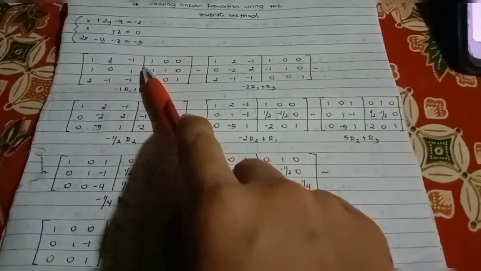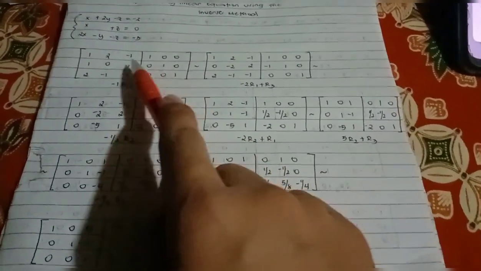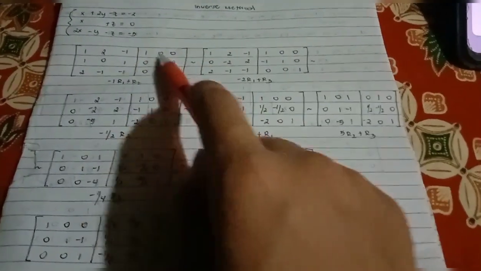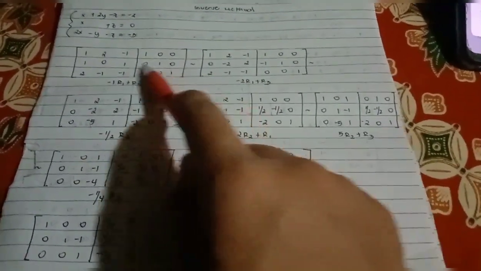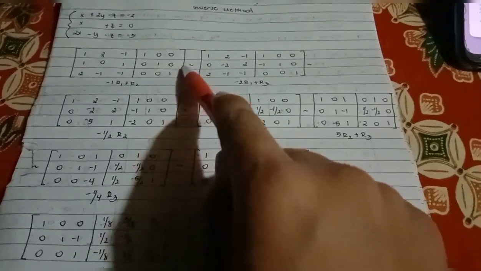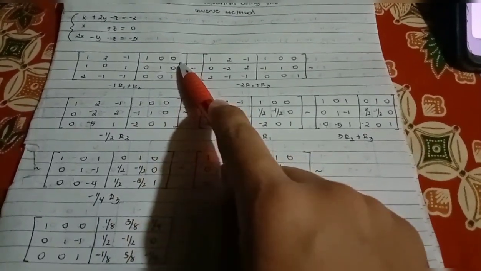But unlike the Gauss-Jordan method, as you can see here, what we put on the right side is the identity matrix. In the Gauss-Jordan method, what we put on the right side are the constants, which are negative 2, 0, and negative 3.